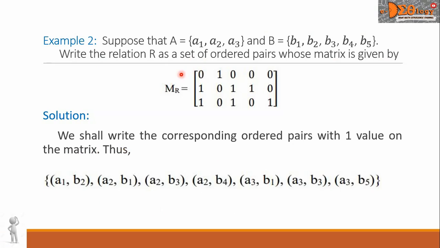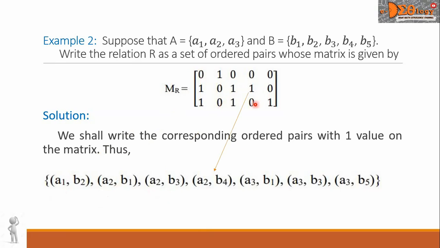For the first row, this number 1 here corresponds to (a sub 1, b sub 2). In the second row, this number 1 corresponds to (a sub 2, b sub 1). Another number 1 is here that corresponds to (a sub 2, b sub 3).